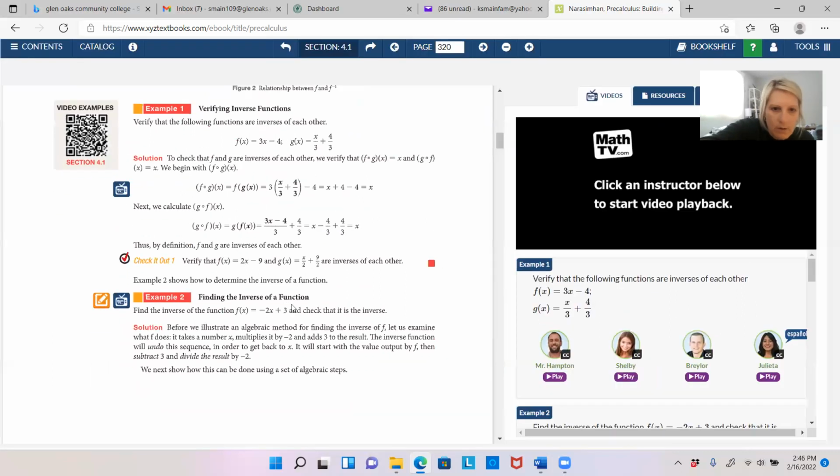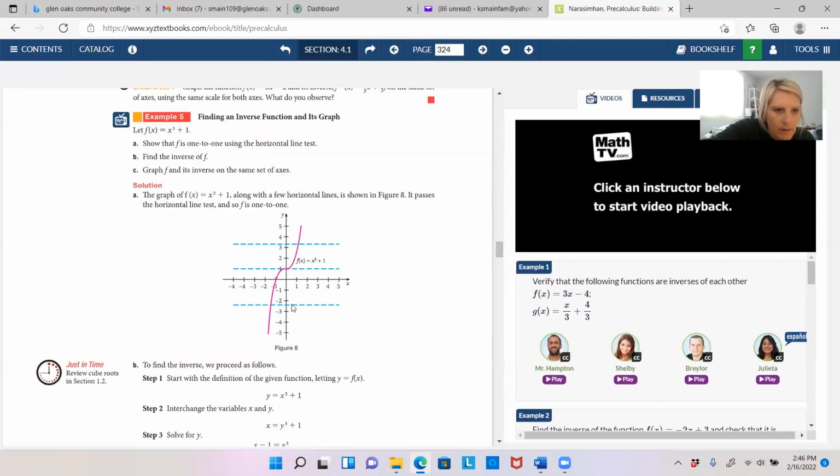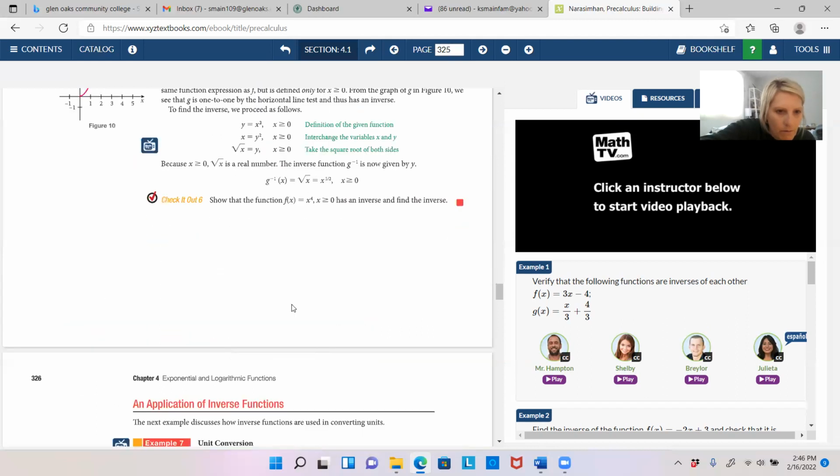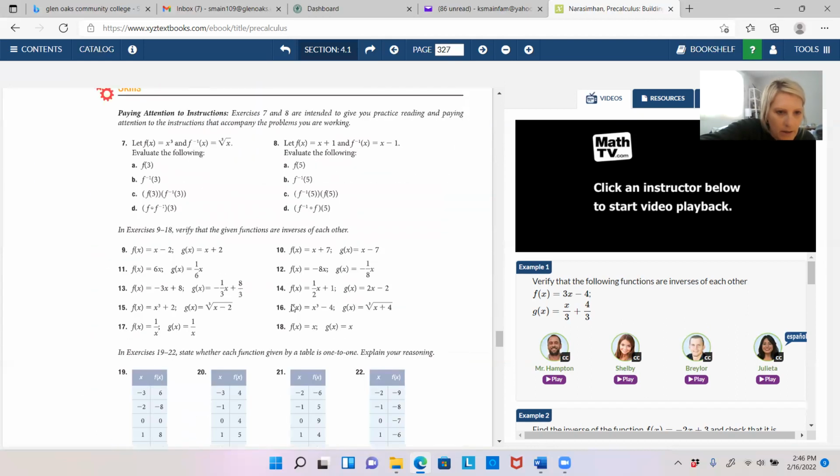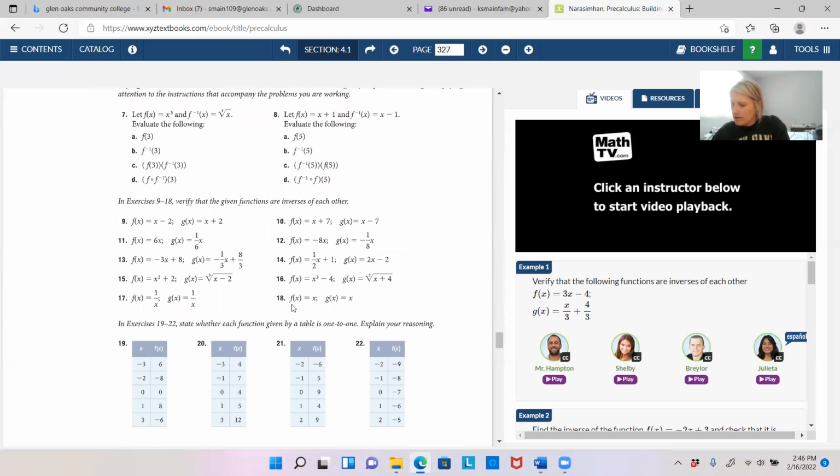So let's go back down to our assignment for problems 13 and 15 here. So on 13, we have the function f of x is equal to negative 3x plus 8, and then g of x is negative 1/3 x plus 8/3.